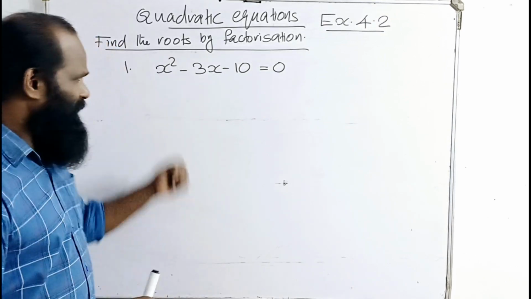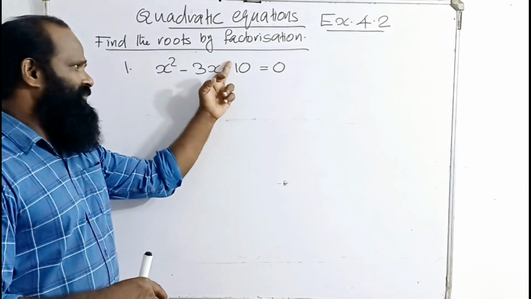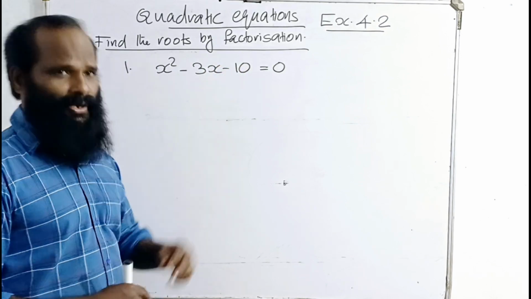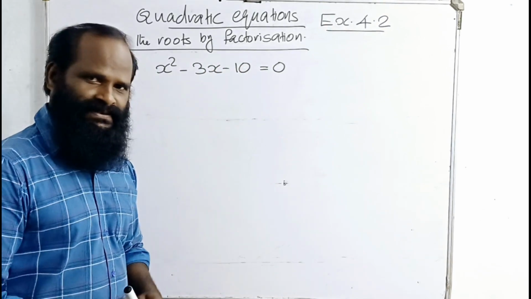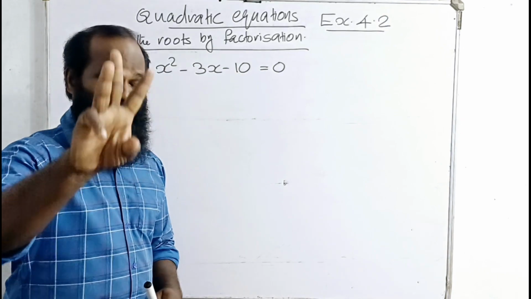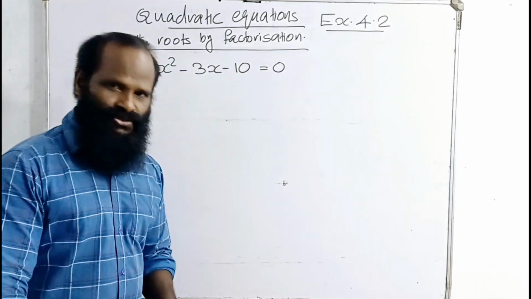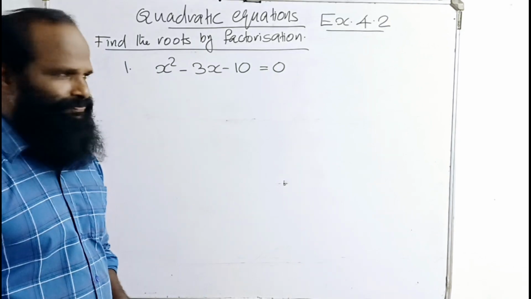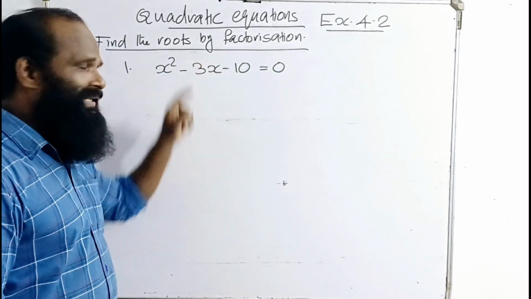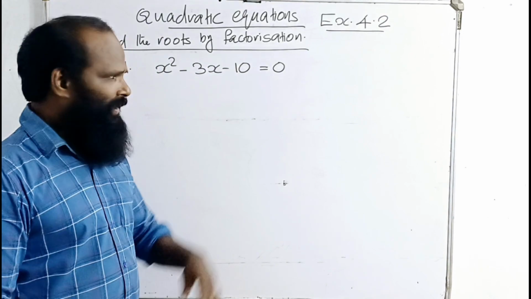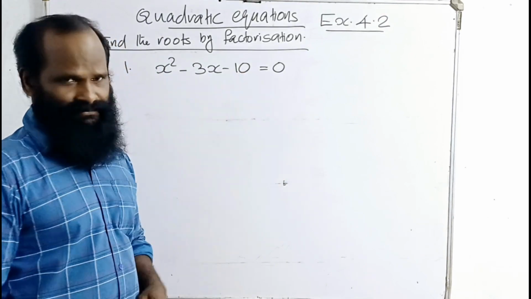Then the second step is to identify the sign before the constant. Sign before constant is minus. Now the step number 3 is to think of two numbers and subtract them to get the middle term and multiply them to get the last term.